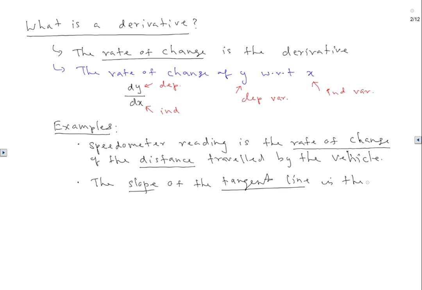The slope of the tangent line is the derivative, or rate of change, of the two quantities plotted.